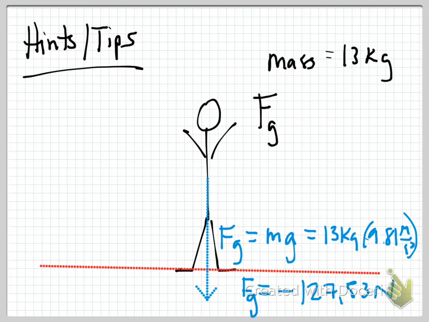Any time that we've got a person on a surface and they're neither sinking down through the surface or rising up into the air, the upward force on them has got to be equal to the downward force on them. So there is another force being exerted on them.